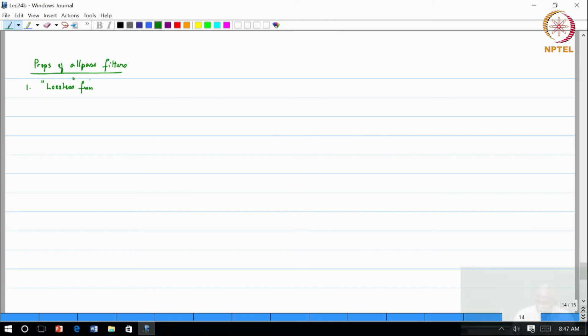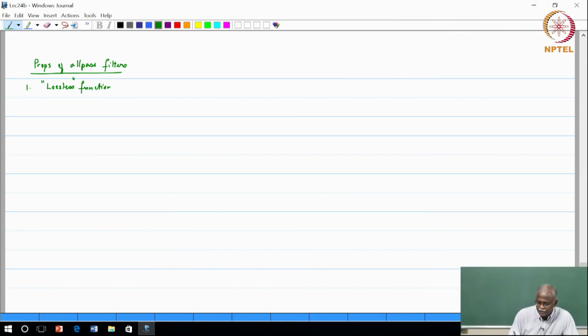So the property of losslessness. What is that? Let us take the magnitude squared of H n e to the j omega equal to 1, taking the constant equal to 1 for all values of omega. That is the definition of an all pass function.